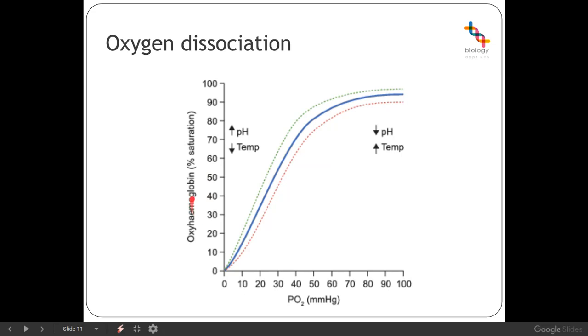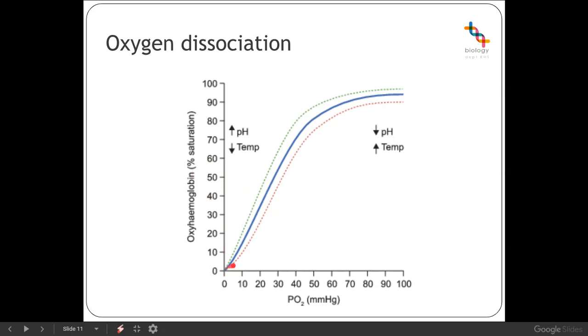So essentially oxyhemoglobin saturation is just how many oxygen molecules are being bound to a hemoglobin molecule. So if we're at 100%, then all of our hemoglobin has bound all of its potential oxygen molecules. And if we're at 50%, then our hemoglobin has only bound 50% of the possible oxygen molecules that it could.